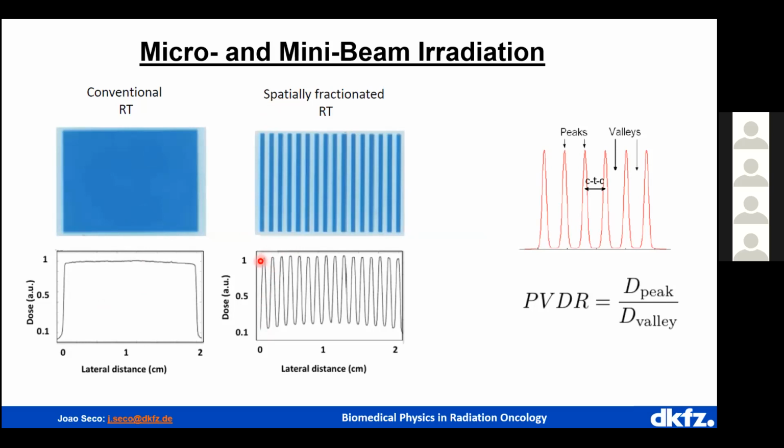So you have a peak and a valley, like a seesaw. You have these so-called peak and valley regions, which you deliver through the whole cancer. So you have a high area and a low area. The so-called peak-to-valley dose ratio is the intensity of the peak relative to the valley. And usually you also have to know the so-called center-to-center distance, which is usually defined as CTC.